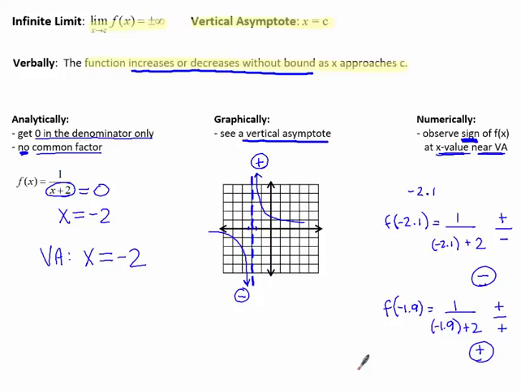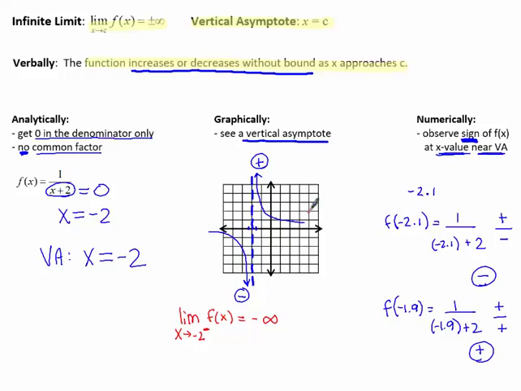Now that we know the behavior of the function, we can write what the infinite limit looks like. The limit as x approaches negative 2 from the left, this side of our function, equals negative infinity.